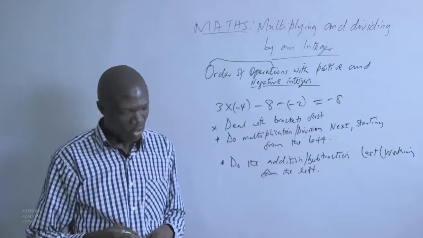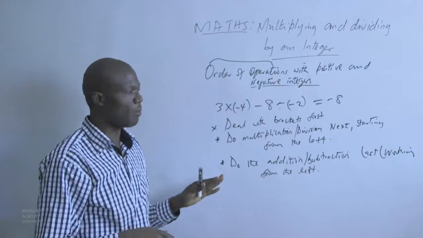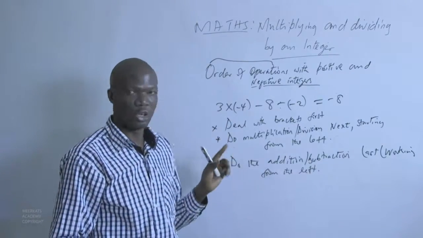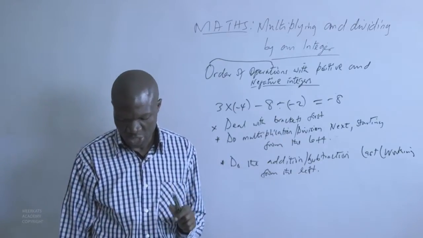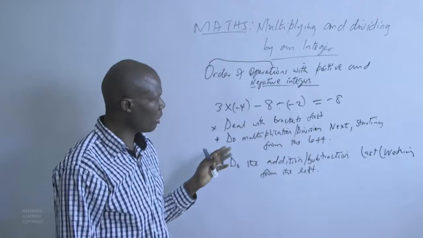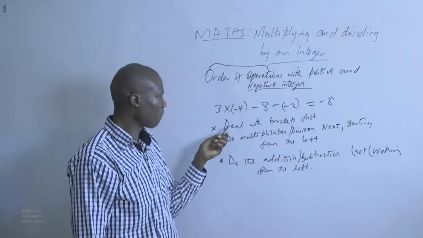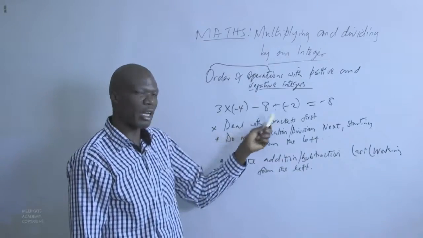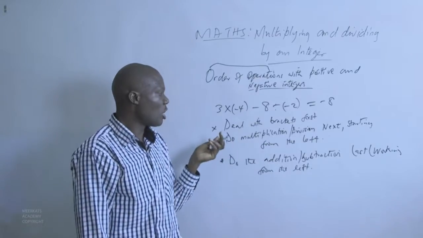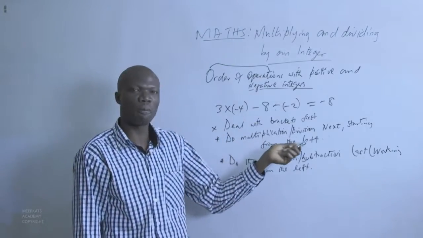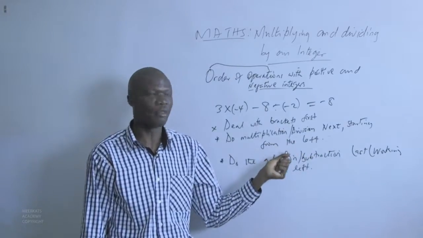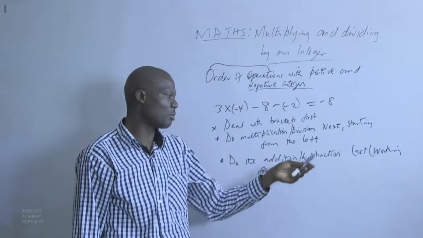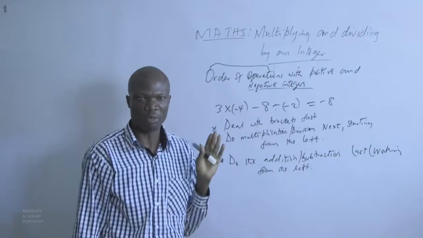Those are the rules when you are dealing with a problem that has several operations. So remember, deal with the brackets first, then if it has it, do the multiplication or the division next, starting from the left, and finally the addition and subtraction comes in last, but still starting from the left.